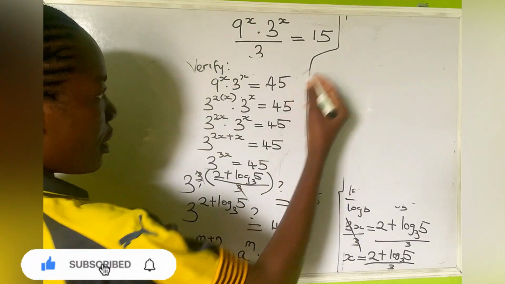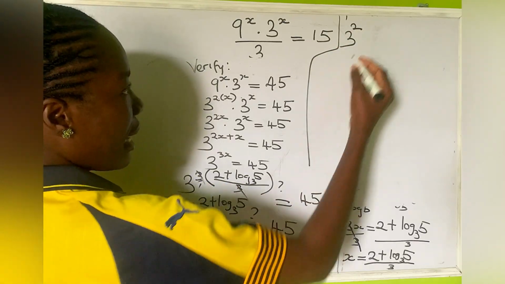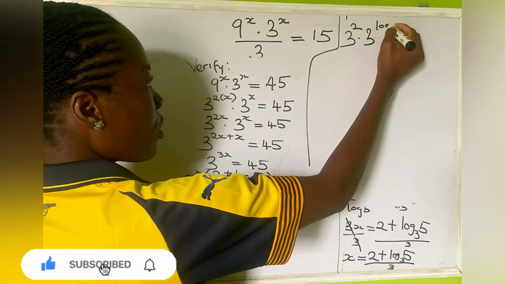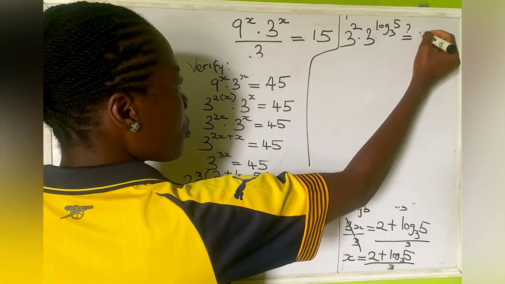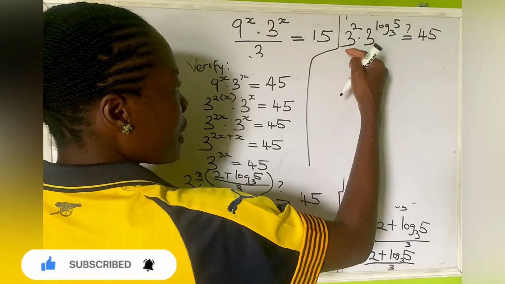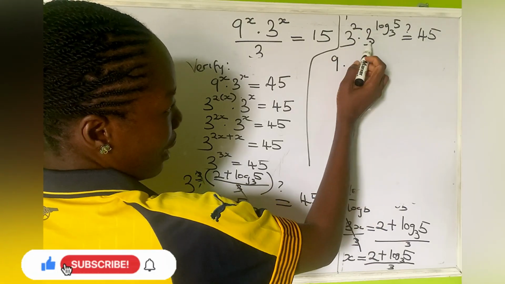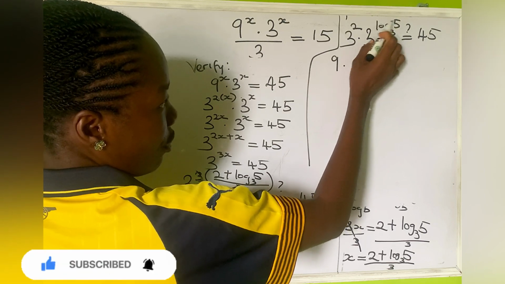So we now have 3 to the power of 2 multiplied by 3 to the power of log 5 base 3. Is it equal to 45? 3 squared is going to give us 9 multiplied by 3 to the power of log 5 base 3.